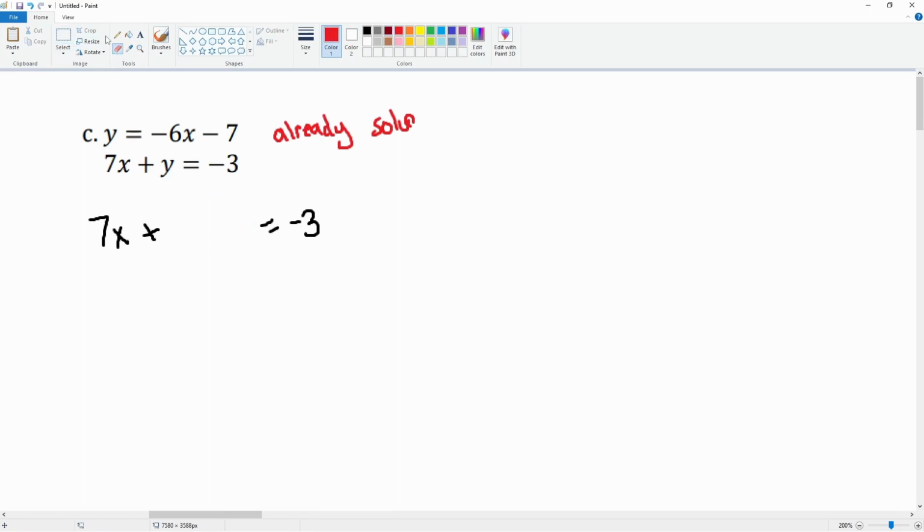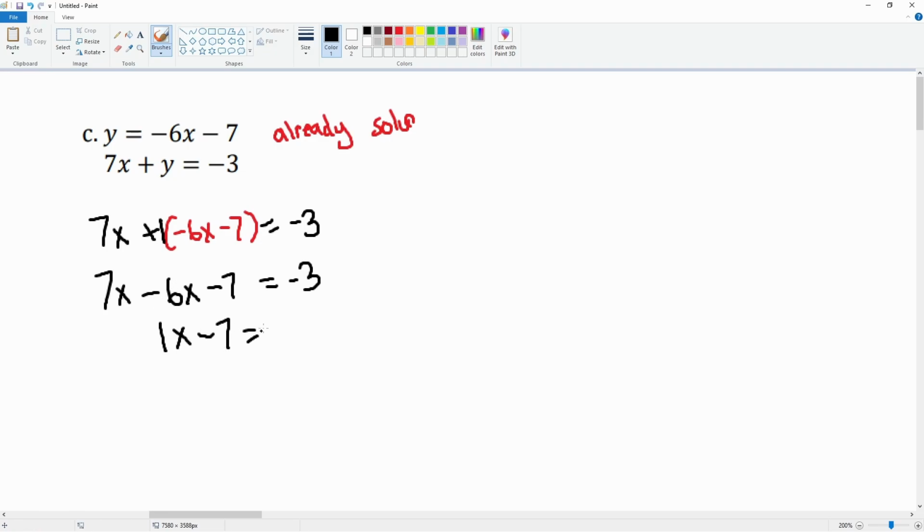And now I'm going to substitute negative 6x minus 7. All right. So we can just imagine there's a 1 here. We distribute it. It's just 7x minus 6x minus 7 is equal to negative 3. 7x minus 6x becomes 1x minus 7 is equal to negative 3.